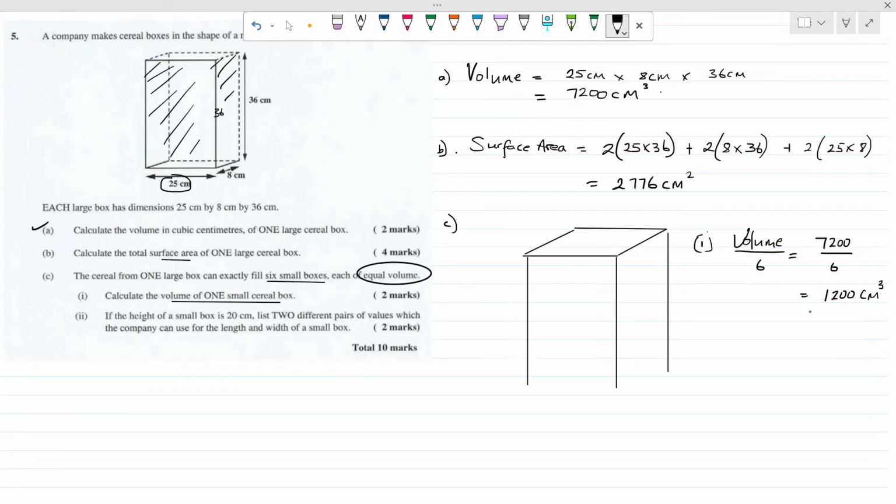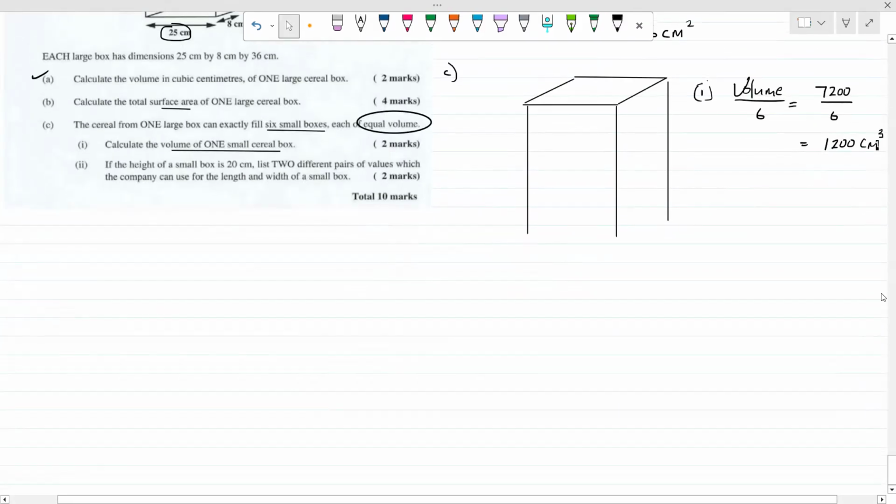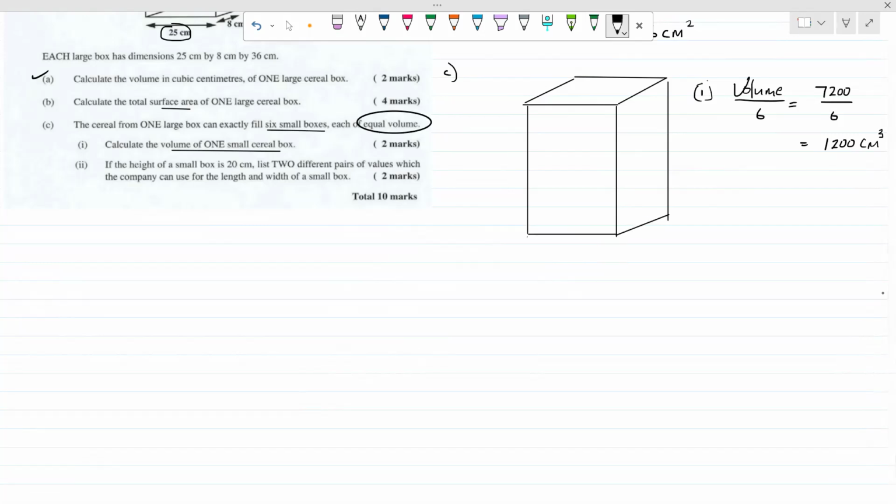Right. If the height of a small box is 20 centimeters, list 2 different pairs of values which the company can use for the length and width of a small box. So, essentially, what they're saying here is, let's pretend this is the smaller box. If the height is 20 centimeters, what other values could we put here that will give us a total of 1,200 centimeters cubed? And this could vary.